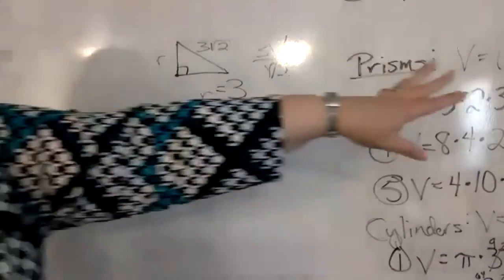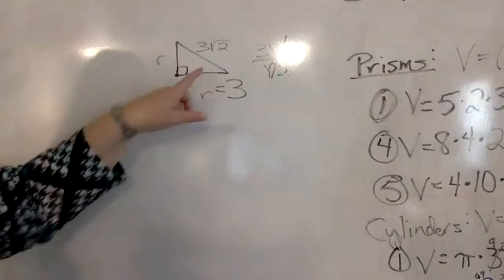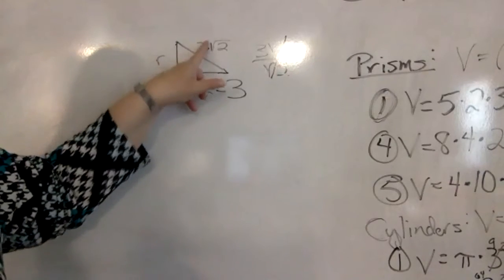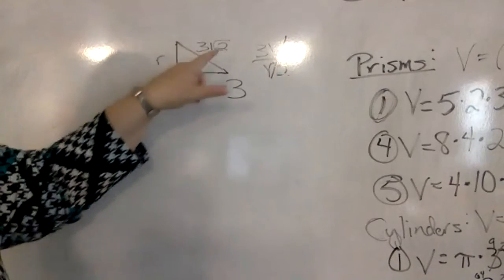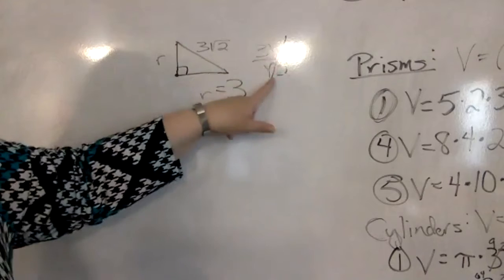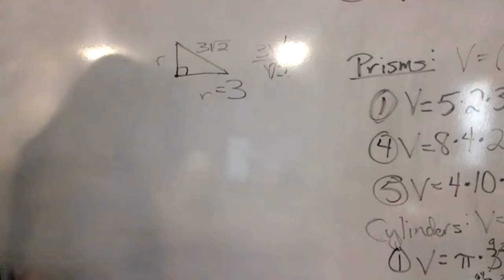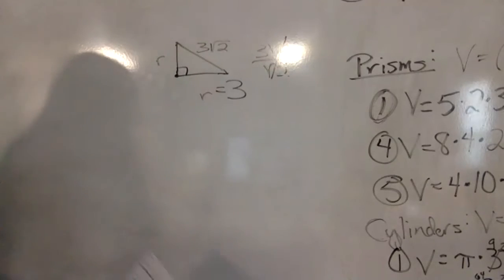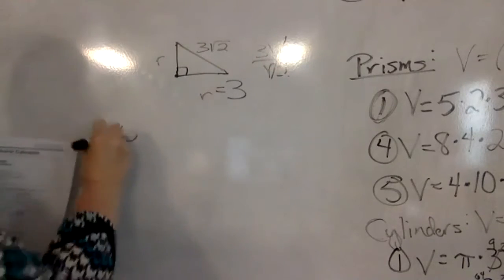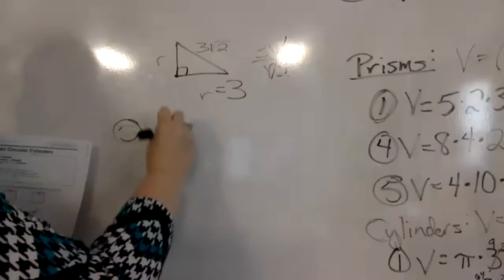On the other one, we had this was 4 and this was 4 square root of 2, so this side was 4. But on this one, we had the hypotenuse, so we had to divide it by square root of 2 to get that the two legs are going to be 3. So after you know that that's 3, you can find the volume.